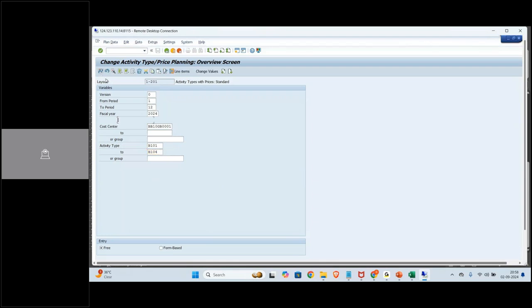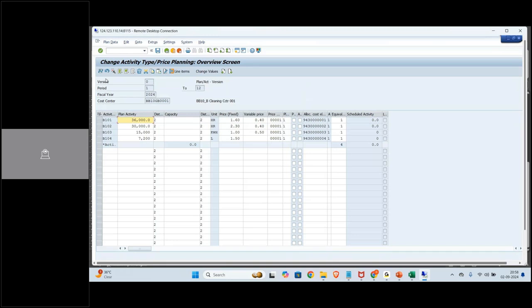When I say quantity, Harish, here is labor, how many hours. For example, from 1 to 12, B101 is for labor, 102 is machine, 103 is power, 104 is fuel. So for the entire year for B101, we have planned 36,000 hours of labor.